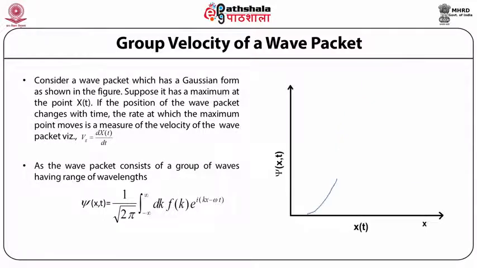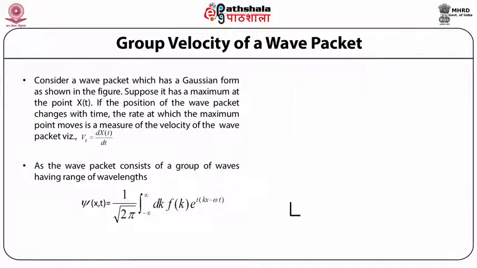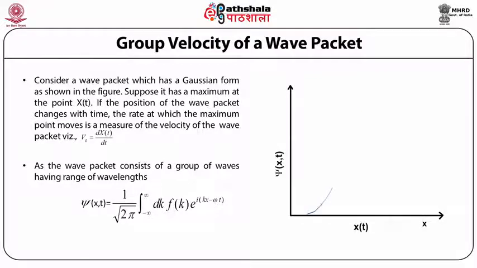Now, as the wave packet consists of a group of waves having a range of wavelengths, we can write the wave function of such a packet as psi of x, t is equal to 1 upon under root 2 pi, integral with limits from minus infinity to plus infinity, f(k) e to the power i within brackets kx minus omega t, into dk.